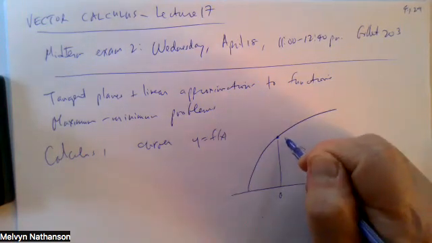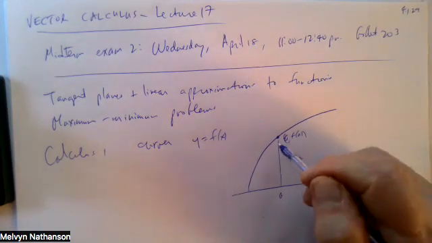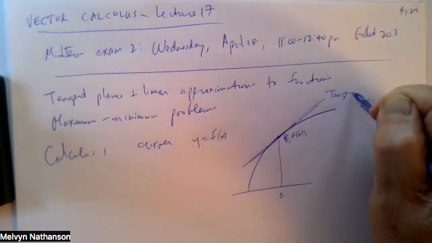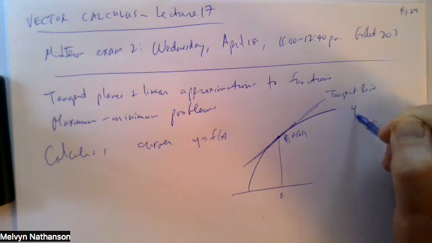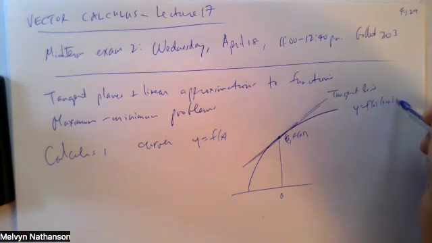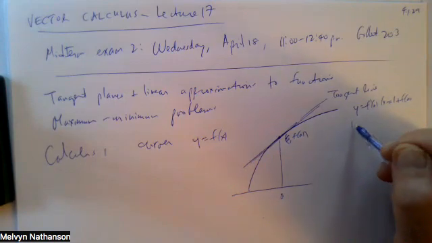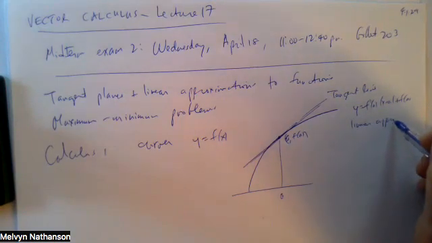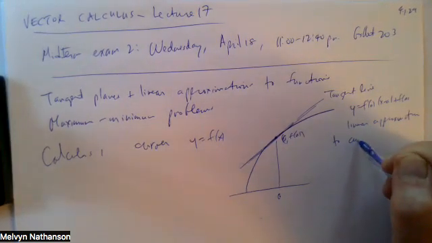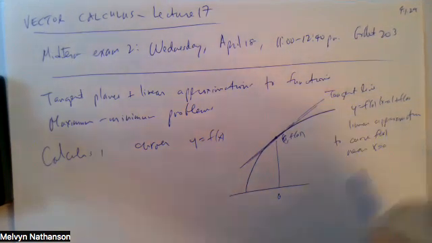So at the point A, this is the point A comma f of A. We can draw the tangent line to the curve at the point, which is given by y equals f prime of A times x minus A, plus f of A. And this is a linear approximation to the curve f of x near the point x equals A.